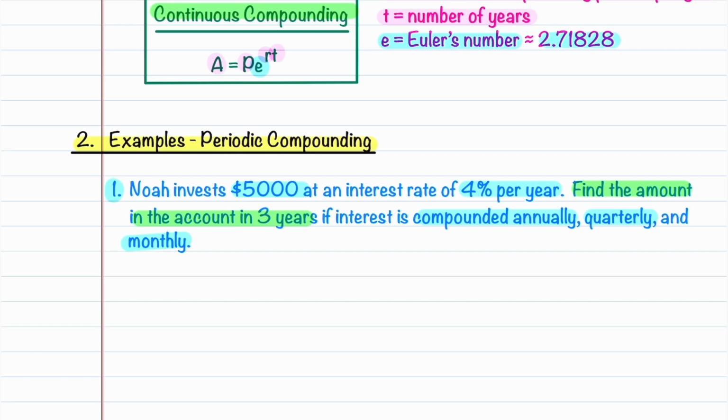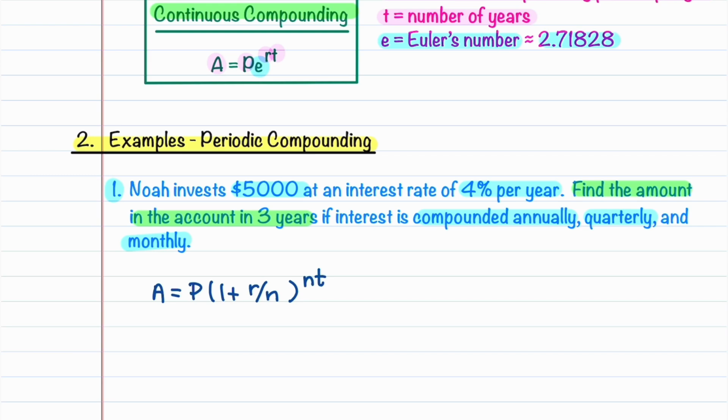Because the compounding is done annually, quarterly, and monthly, we are going to start with a formula for periodic compounding. That formula is A is equal to P times 1 plus R divided by N raised to the NT power.